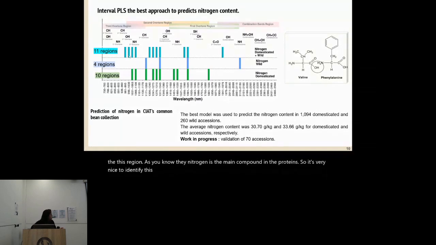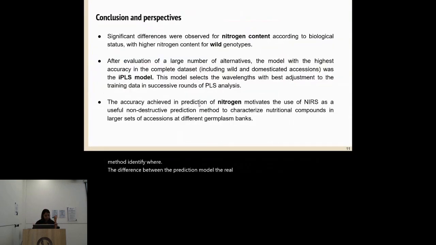At the moment, we're working on additional validation of the model. We select a 17th accession and measure again with the traditional destructive method to identify the difference between the prediction model and the real content in the seeds. Okay, finally, this work is in progress.